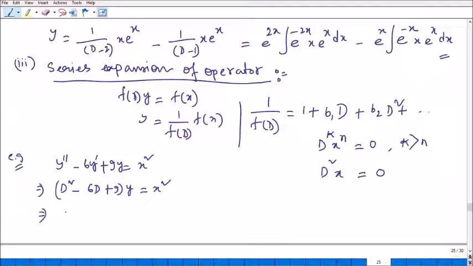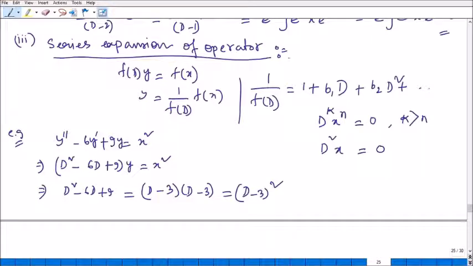We can write D square minus 6D plus 9 as D minus 3 into D minus 3, so it is factored into two terms, D minus 3 whole square. In the series expansion method, 1 by f(D), that means 1 by D minus 3 whole square, is expanded in series.